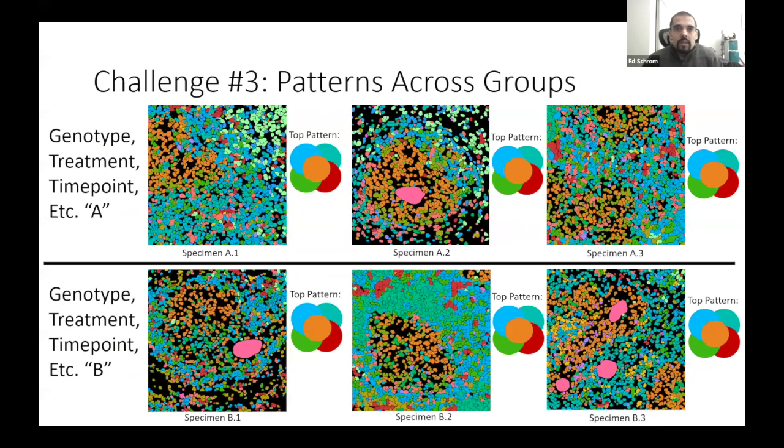A third challenge is that many of the tools that exist already find patterns that differ from random assortment within a single tissue specimen. But this is not usually our biggest question.